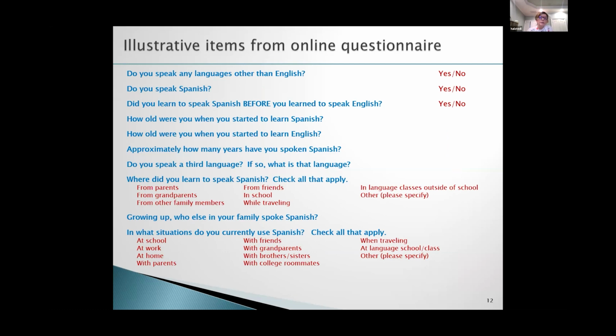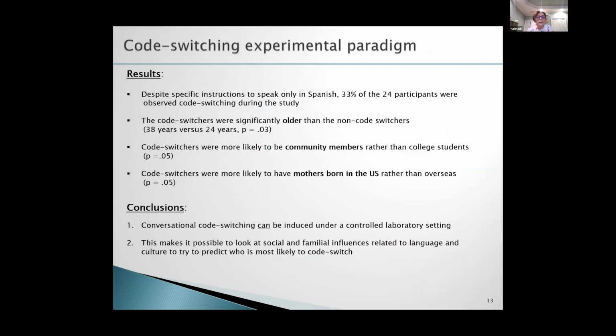So to prove the concept, what we found, the next slide, is that the results show that, in fact, about 33% of the participants code switched following the entrance of that experimenter who only spoke English.